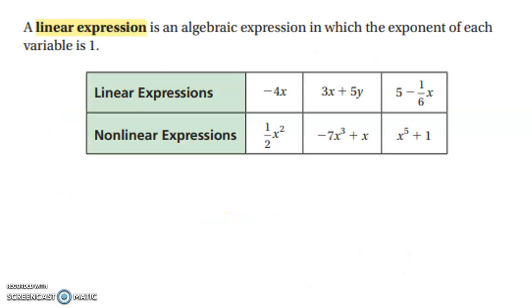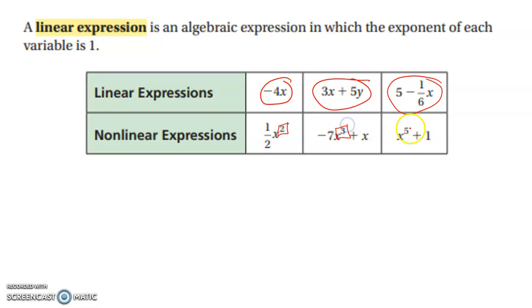Okay, so a linear expression is an algebraic expression in which the exponent of each variable is 1. Remember, if the exponent is 1, it's just understood to be there. This one right here has a 2. That means it's nonlinear.